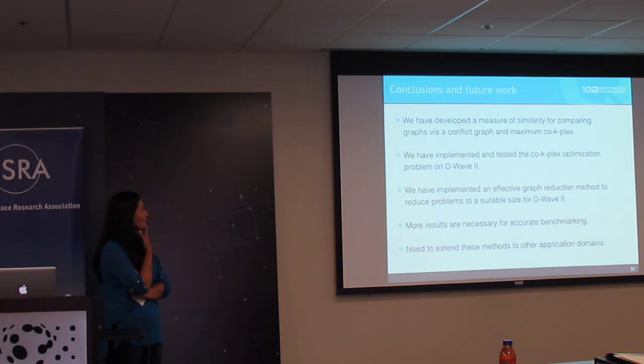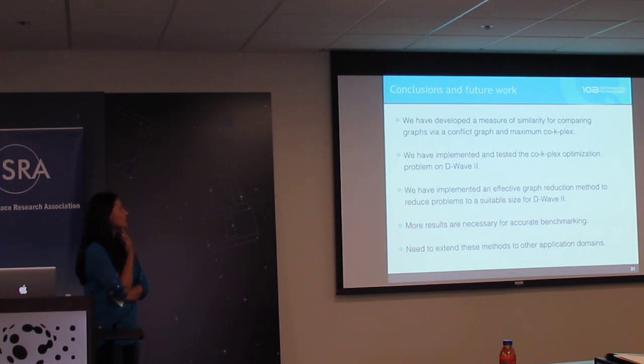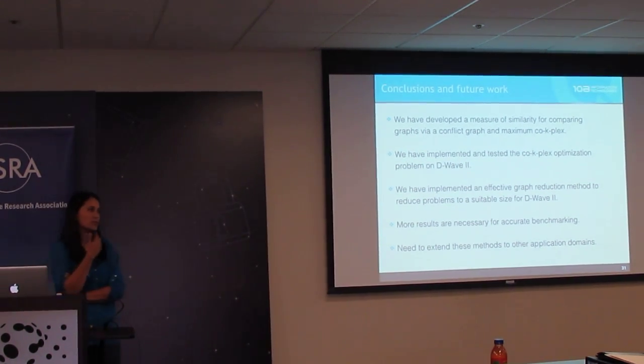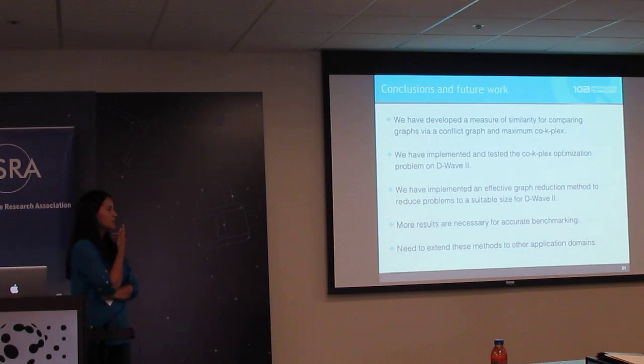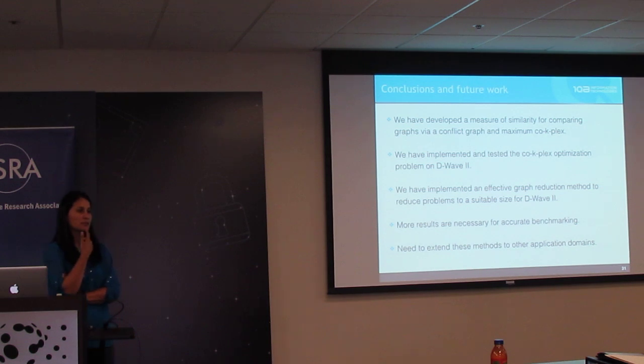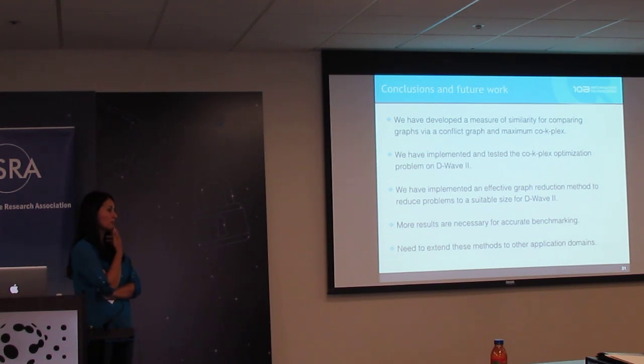We have developed a measure of similarity in which we compare graphs using a conflict graph and this technique of a maximum co-k-plex. This co-k-plex optimization has been mapped into QUBO and implemented on D-Wave. The importance of this optimization problem is that it has many more applications, not just graph similarity, but other real-world applications.